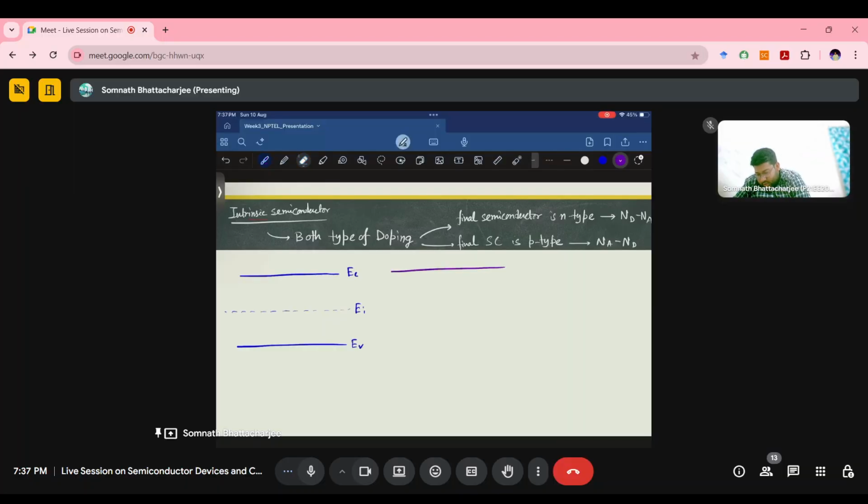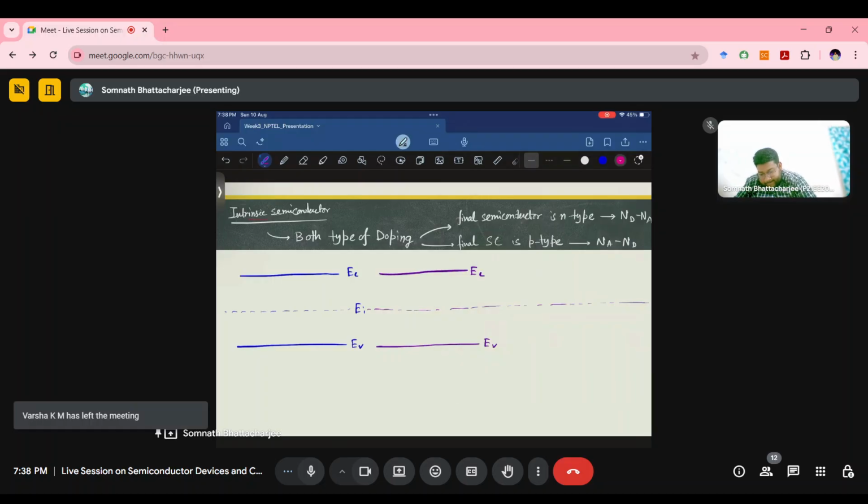This is EV, this is EI, this is EC for another semiconductor, and this is EV. For each case, the EC, EV and the intrinsic levels are the same.